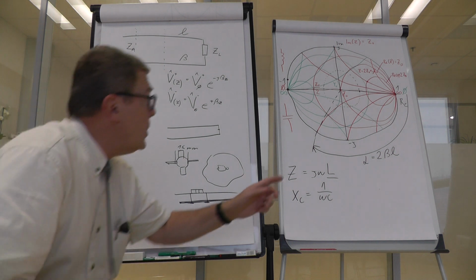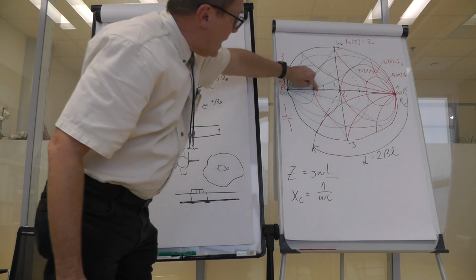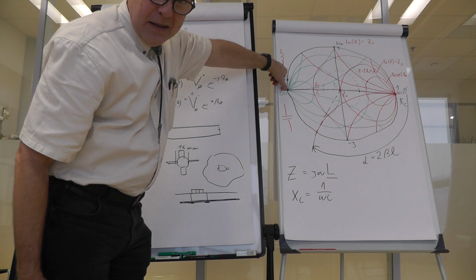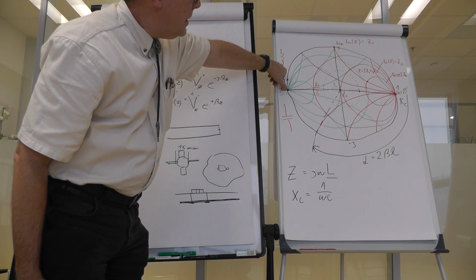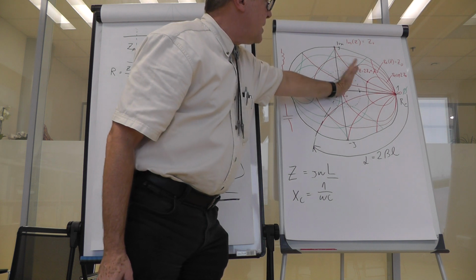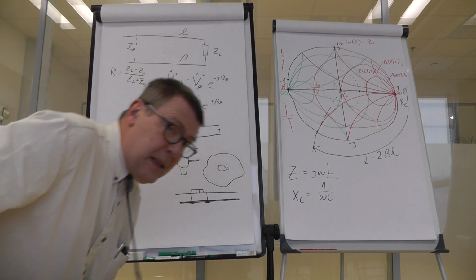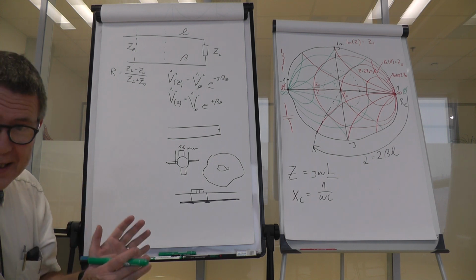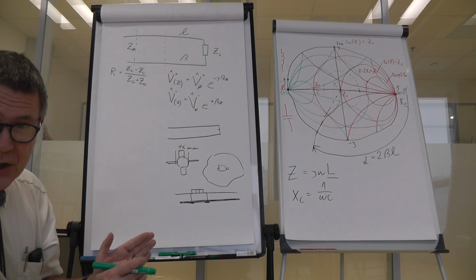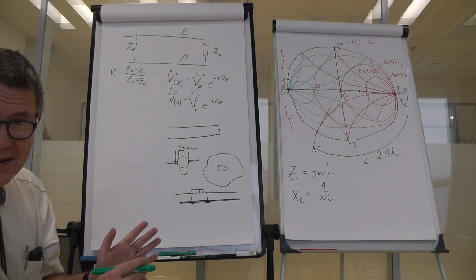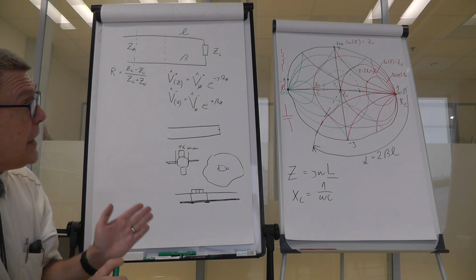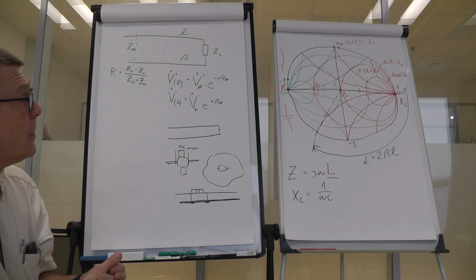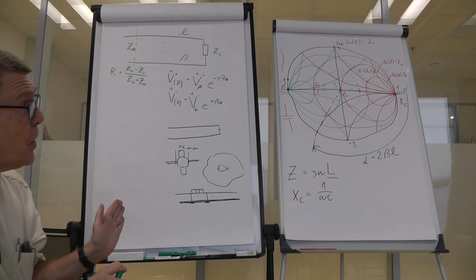You just know that the reflection magnitude is proportional to the distance from the center, and here it must be 1, and the angle you can measure just over here. And then it's quite simple to handle the chart. So the reflection coefficient is not plotted, but it's directly proportional to the magnitude and angle.